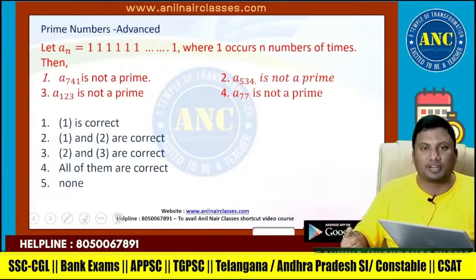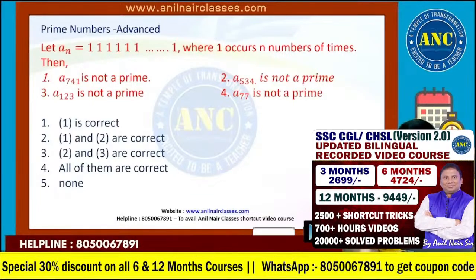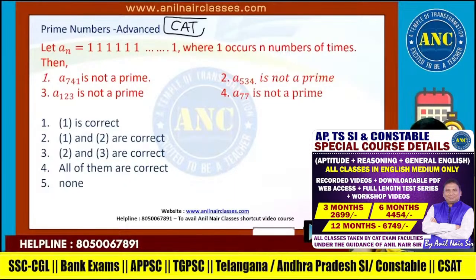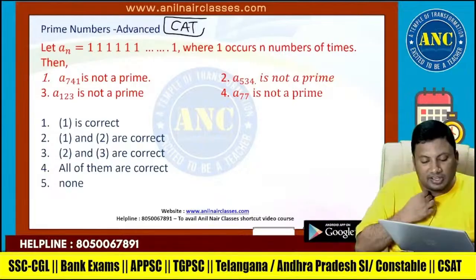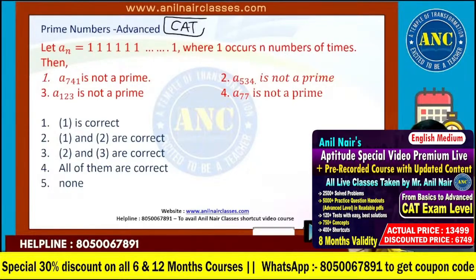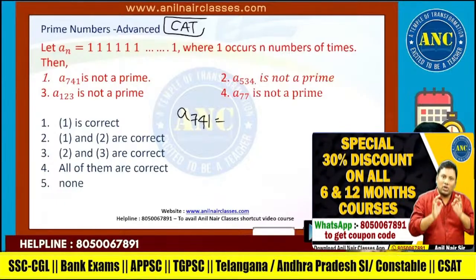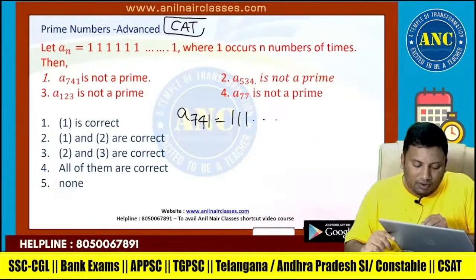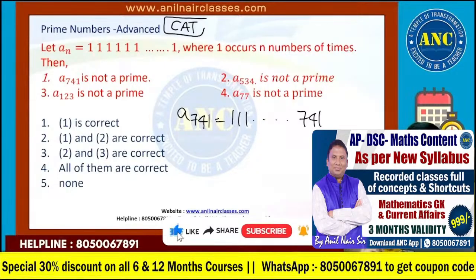Now see this question. Absolutely CAT level question. 1 occurs a number of times: 1, 1, 1, 1, written 741 times.